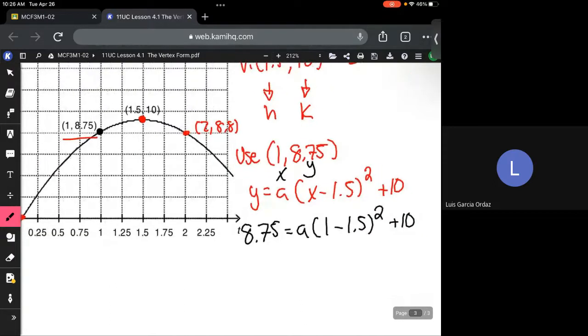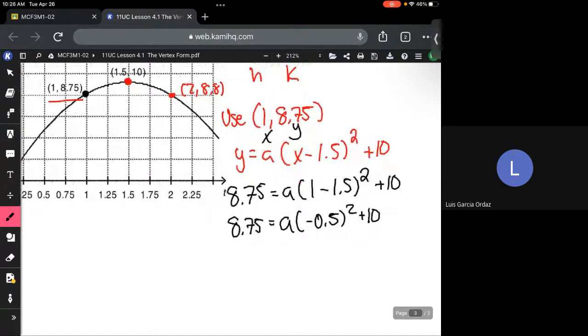So we're going to simplify our bracket first. So what's 1 minus 1.5? Negative 0.5 squared plus 10. Wait, sorry, so I'm putting the coordinates into the equation? Yep, so x is 1 and y is 8.75. Got it. Okay.